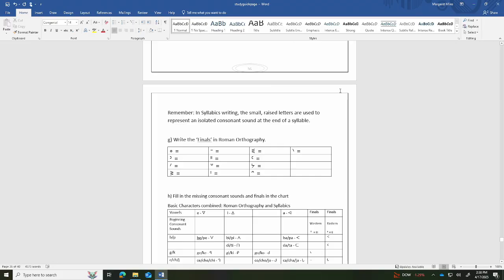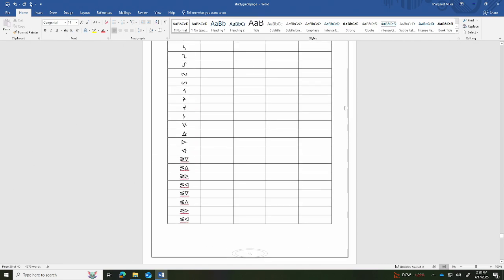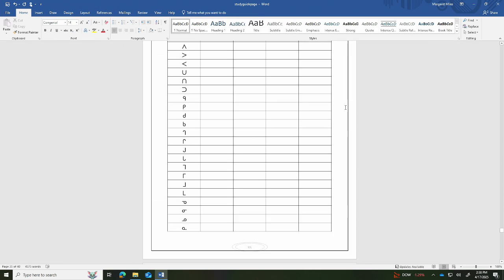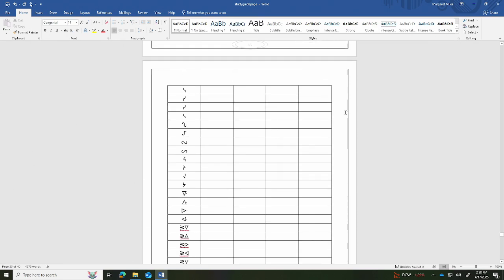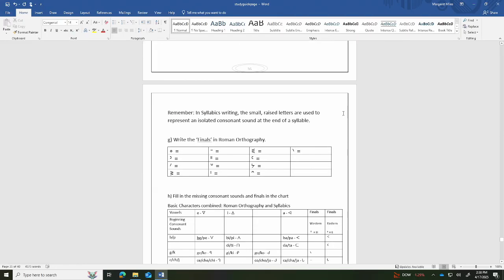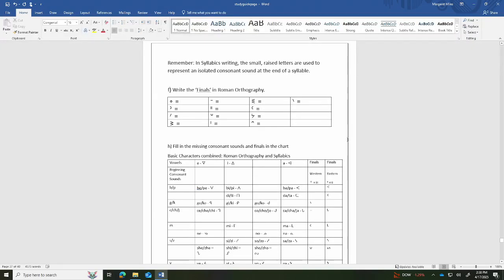And on F, it says write the finals in Roman orthography. Again, you will need your chart.